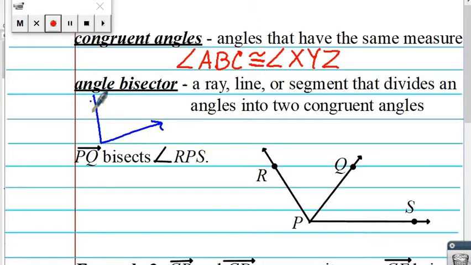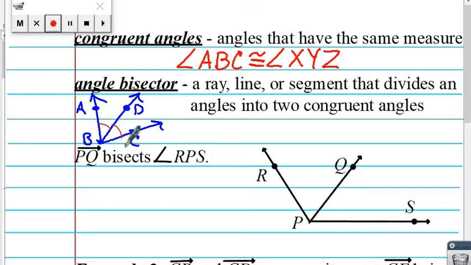I have angle ABC, and then I have this ray in the middle going through this point D. If I say that D bisects this angle, that means it separates it into two congruent angles.